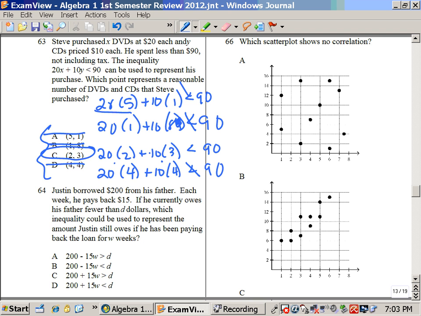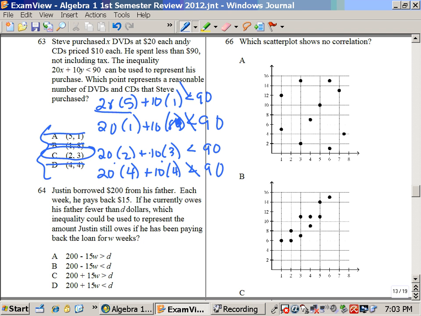Number 64, Justin is starting off with $200. Each week he has to pay back $15. We need to figure out how long it takes him to pay back, and which inequality can be used to represent it.